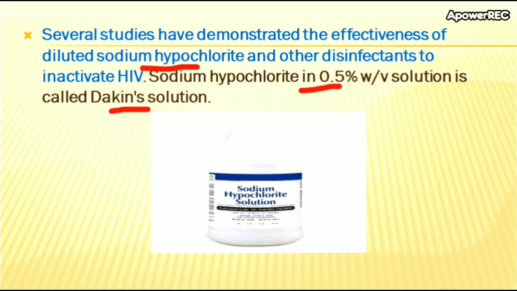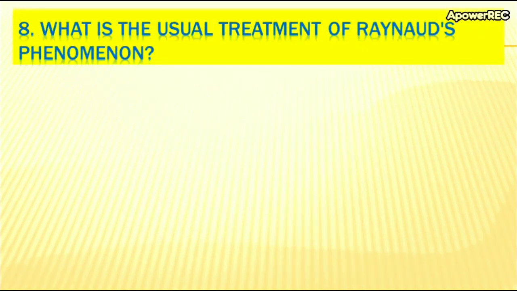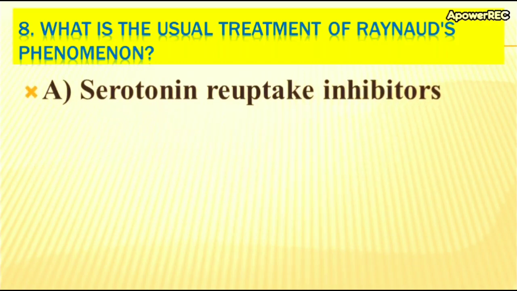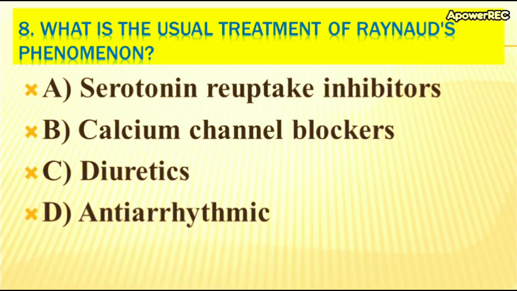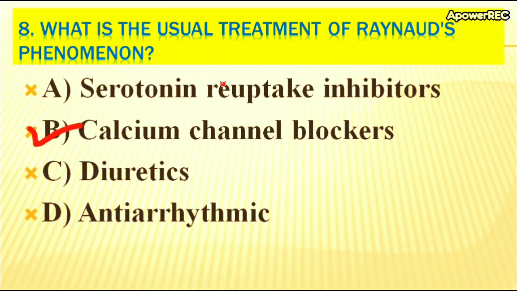So let us move to the next question. What is the usual treatment of Raynaud's phenomenon? Serotonin reuptake inhibitors, calcium channel blockers, diuretics, antiarrhythmic. Correct answer is calcium channel blockers. That is the usual treatment of Raynaud's phenomenon. First choice of drug is nifedipine.